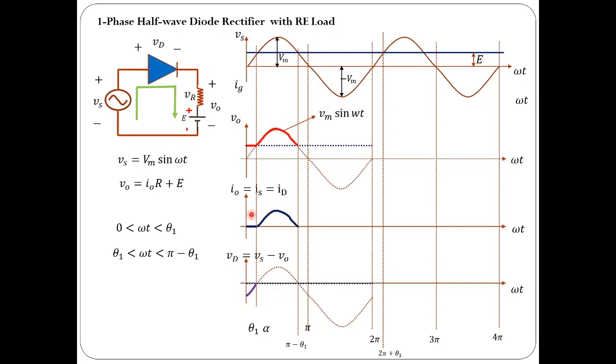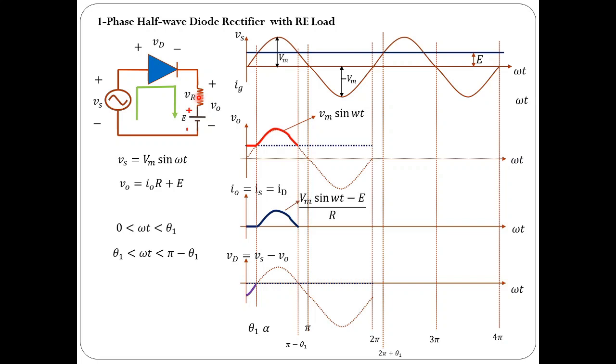Coming to the current through the diode, the current through the diode is equal to Vs minus E by R. So Vs minus E is going to be this, and that divided by R gives us the current through the resistor, or the current through the load in fact. Of course, the current through the resistor is the same as the current through the load, which is the same as the current through the source and the current through the diode also.